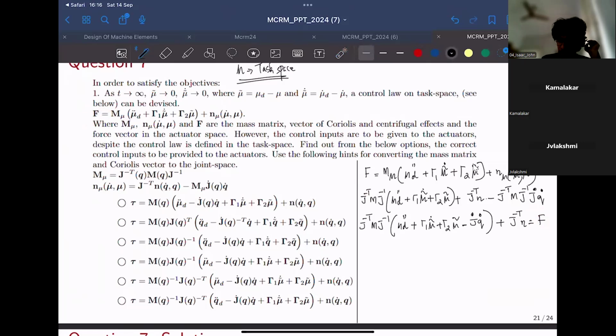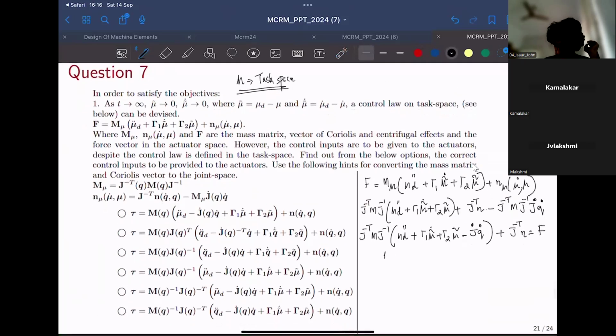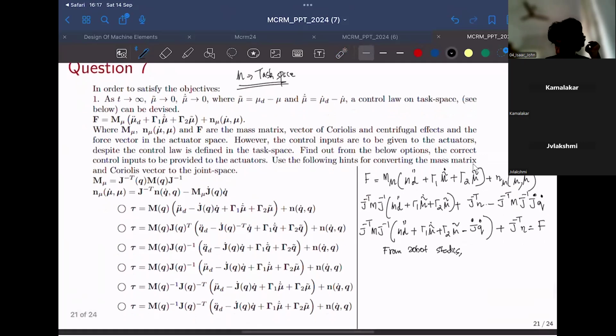And from robot statics, we know that this torque is related to F as J transpose F. You can derive this equation from conservation of power.